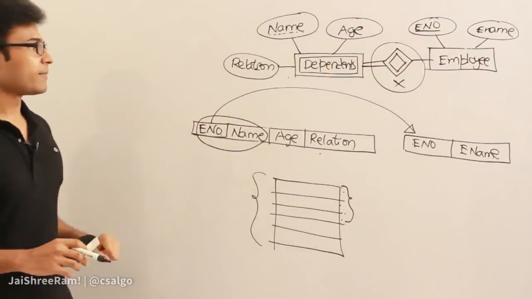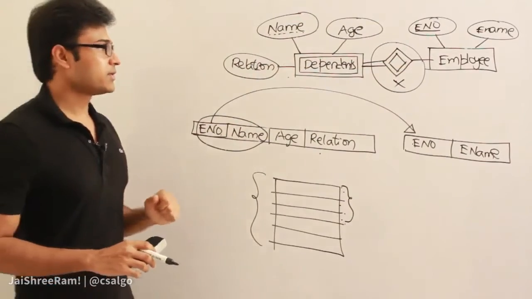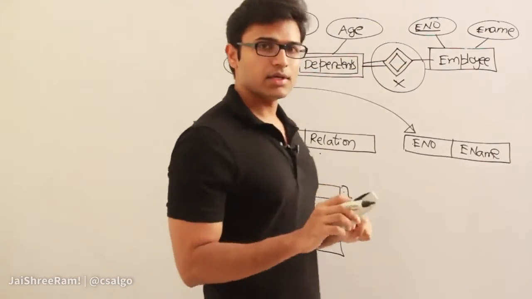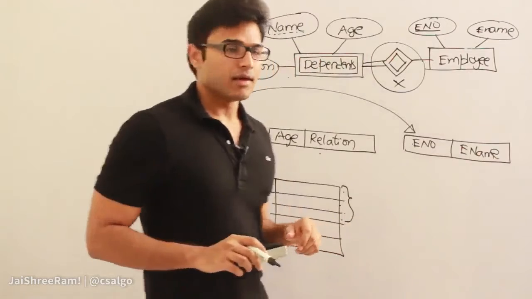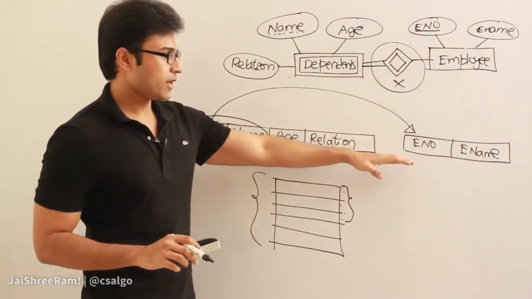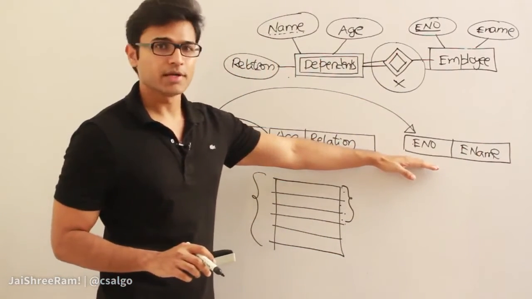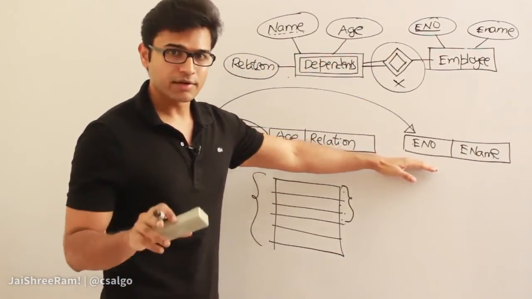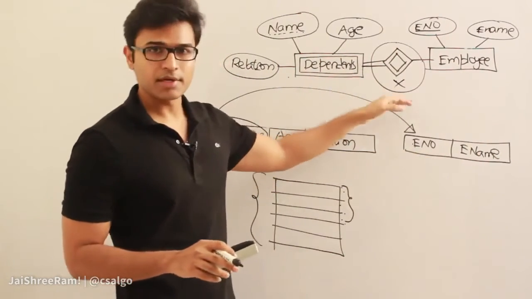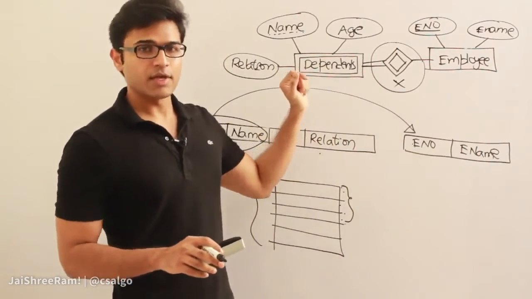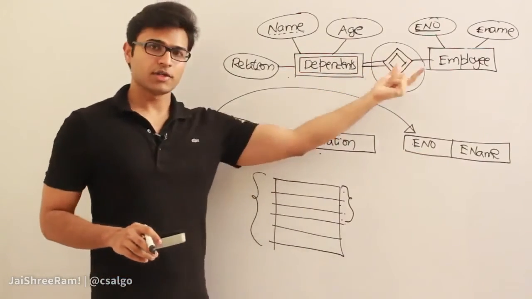Got it? Okay. So one thing you should be careful about here is, what about the integrity violations? Let us say you are deleting an employee element here, then what should be done? In case of weak entities, since there is existence dependence, there cannot be any dependent without an employee, right?